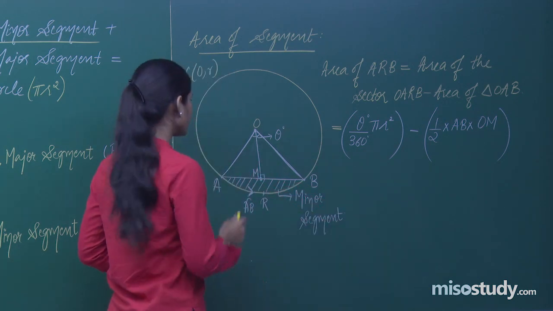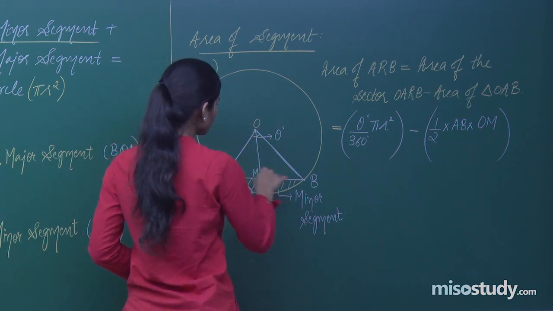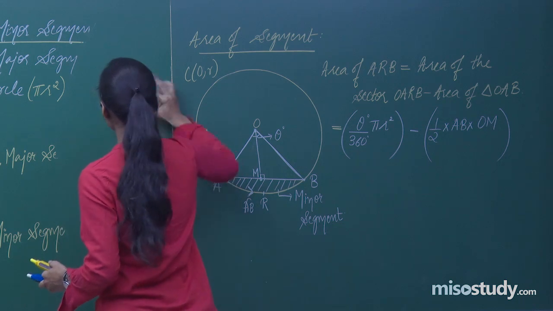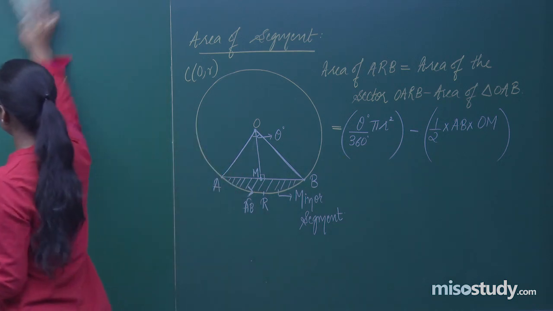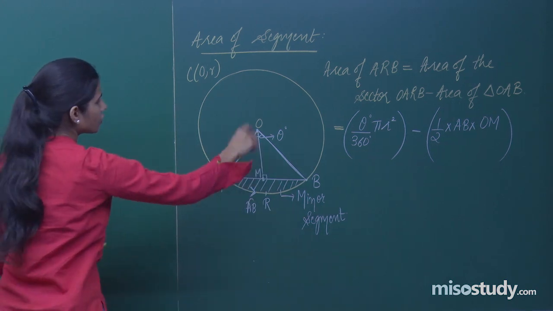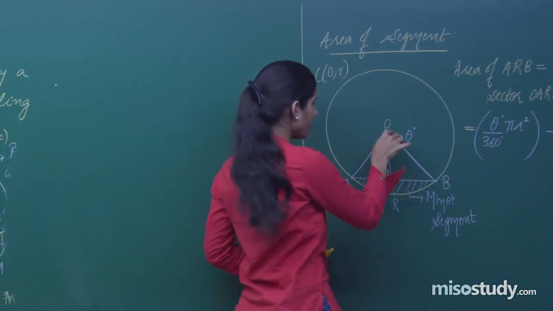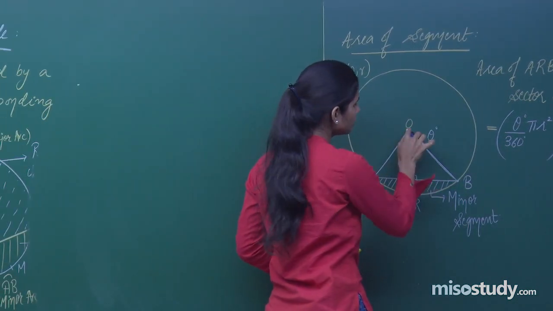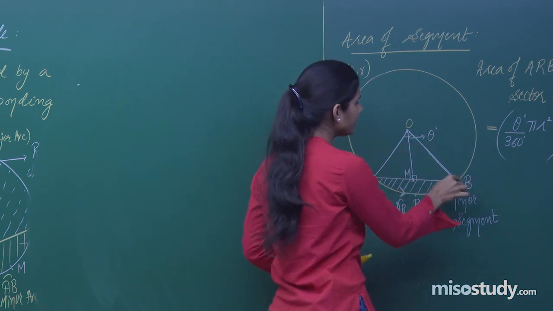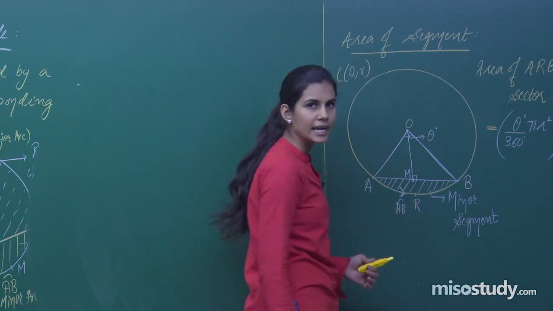How to do that? Please try and focus upon these two triangles OAM and OBM. What can you see from here? If you focus upon these two triangles, you will clearly be able to see that OM is perpendicular to AB, which means that angle OMB is 90 degrees and angle OMA is 90 degrees.